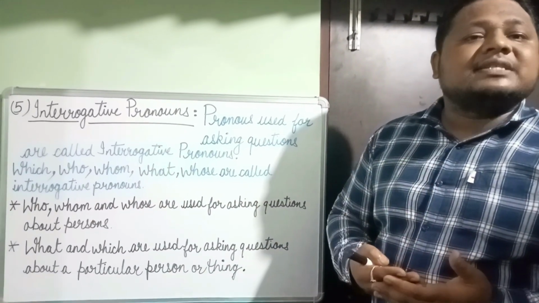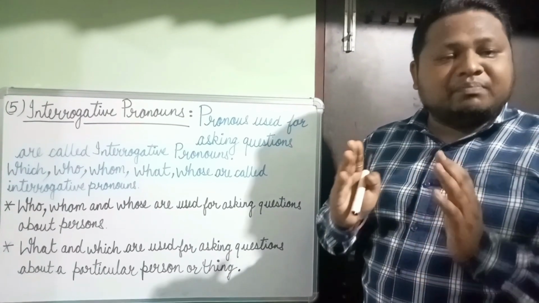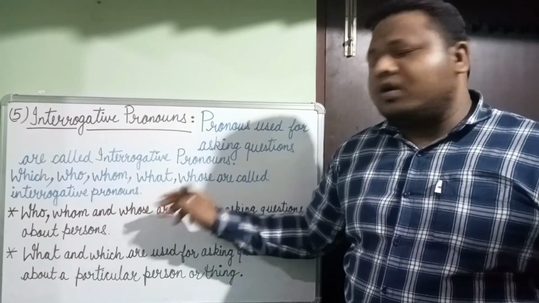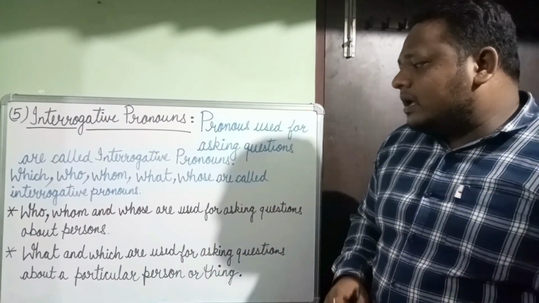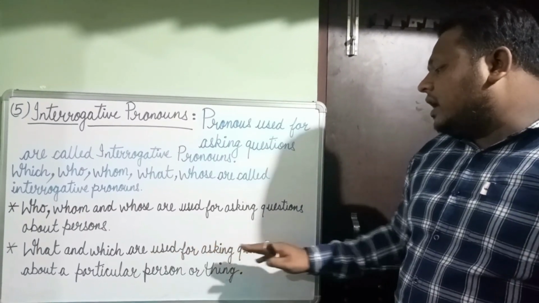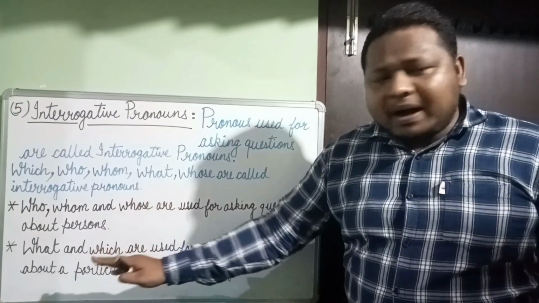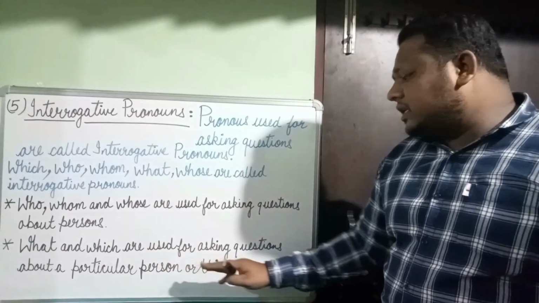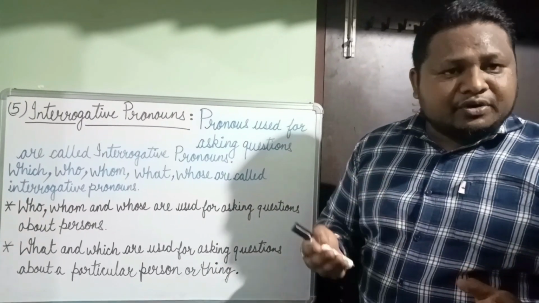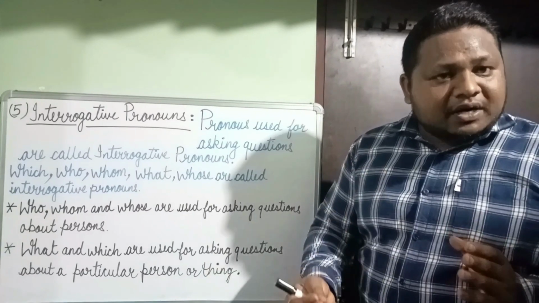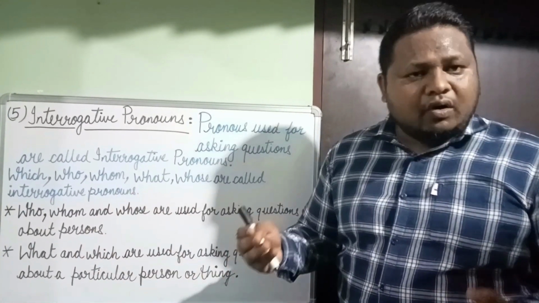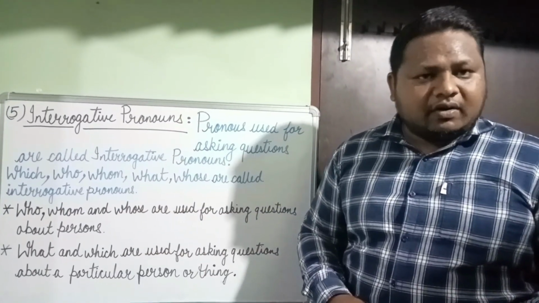So when we have to ask questions related to any person, then we have to use who, whom, or whose. Now, what and which are used for asking questions about a particular person or thing.